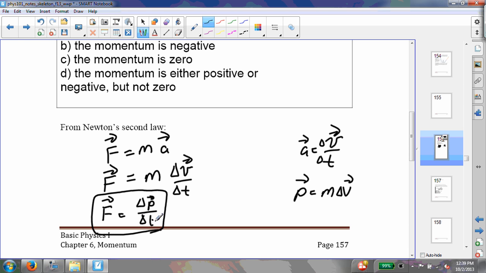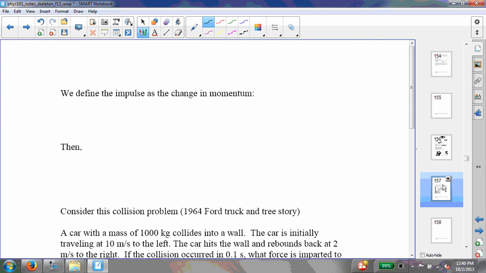So this is Newton's second law, and actually this is the way that Newton wrote his second law, in terms of momentum. Now, this change in momentum is called the impulse. So the impulse, which we'll call I, is equal to our change in momentum. I don't know why they do this, like why you can't just say change in momentum, but impulse is the change in momentum, and that's sort of standard fare.